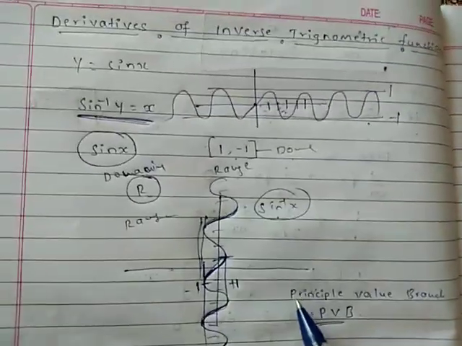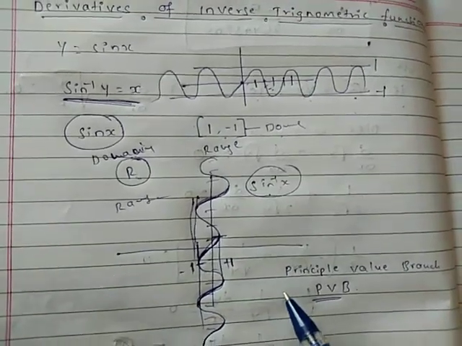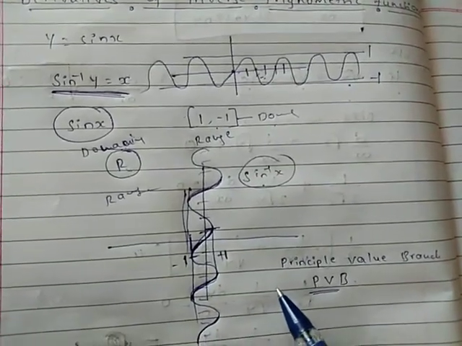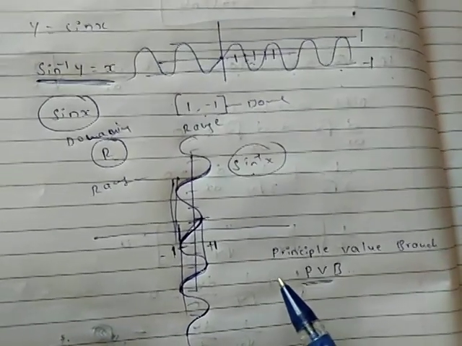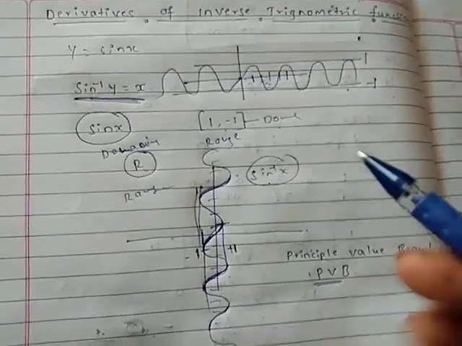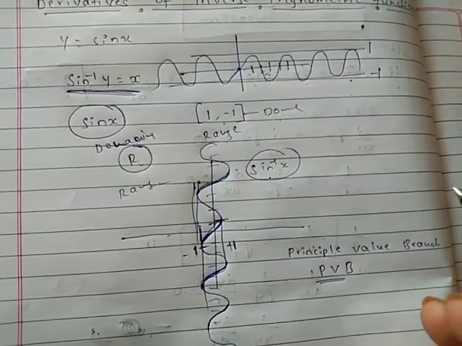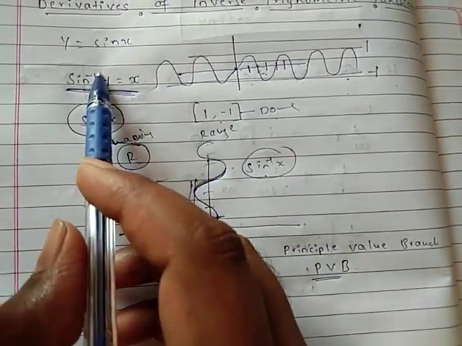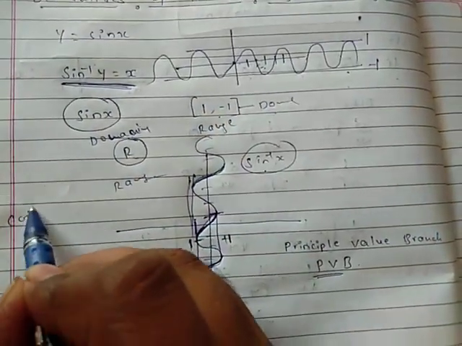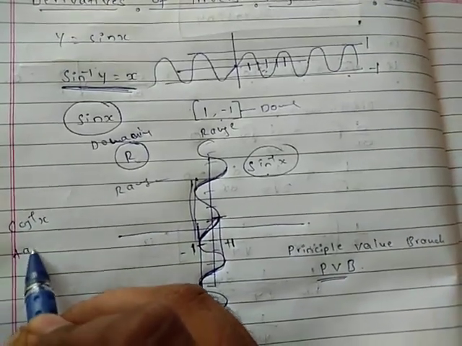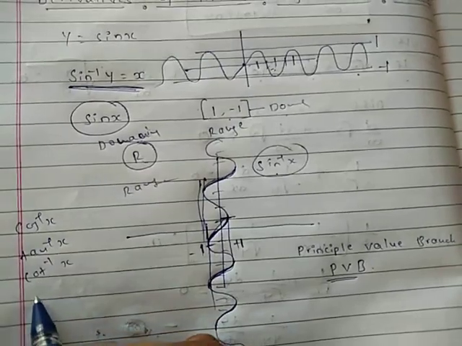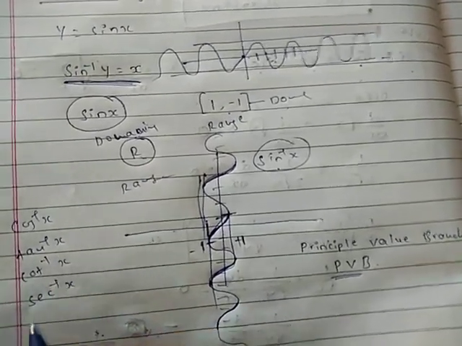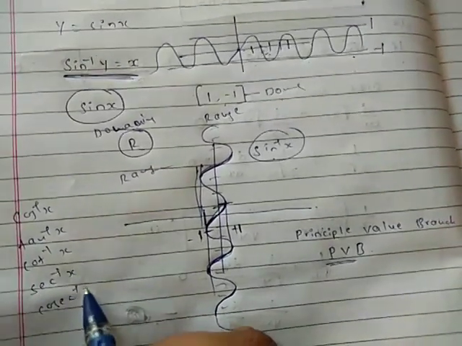For this type of function we can refer to chapter 2, inverse trigonometric functions, where you have complete details of inverse functions. So this is an introduction for inverse functions. Here we have just taken the example of the sine function. Similarly we have cos inverse x, tan inverse x, cot inverse x, secant inverse x, cosecant inverse x.